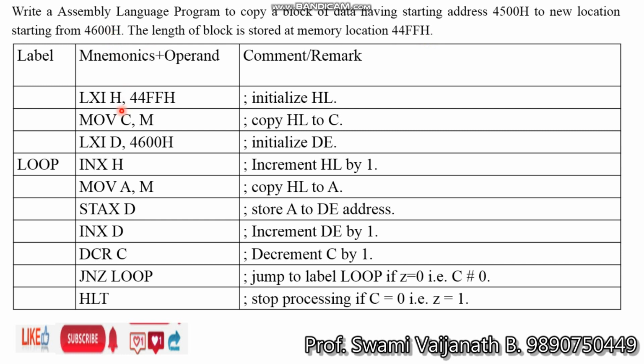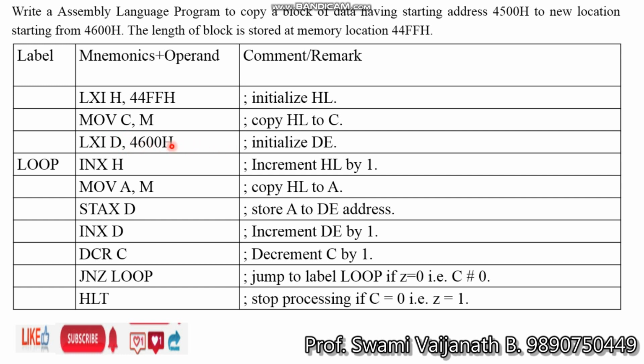So the first instruction is LXI H, 44FFH, that is you initialize the length address here, and you get that length into the C register with MOV C, M, which copies the length, that is the count, in M to C. Then LXI D, 4600H is given.